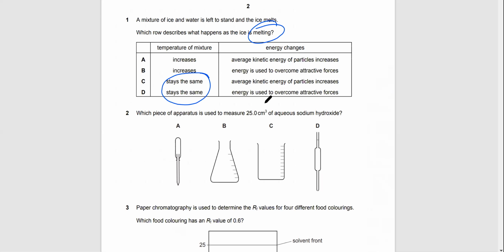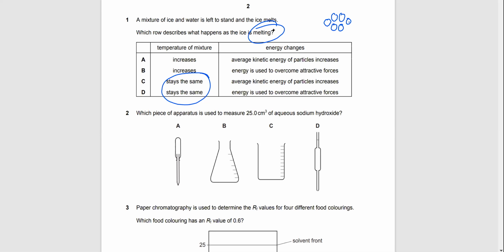What about the next part? Is the kinetic energy increasing, or is the energy being used to overcome the attractive forces? What is happening when something is melting? Well, this is your solid, right? The particles are close together, strongly attracted to each other.